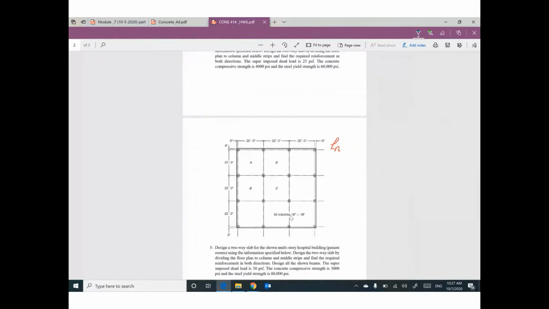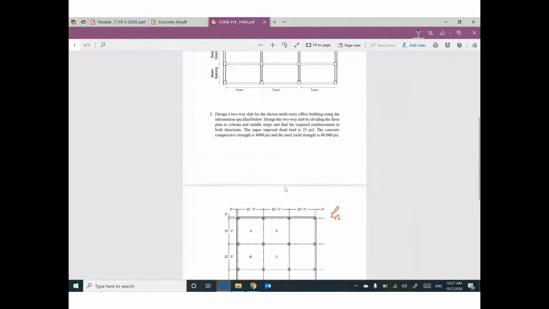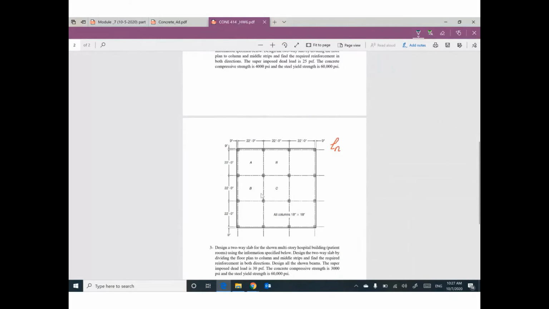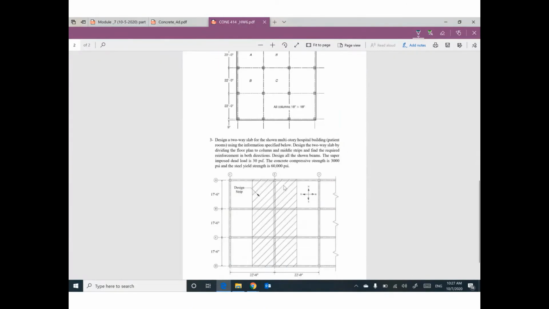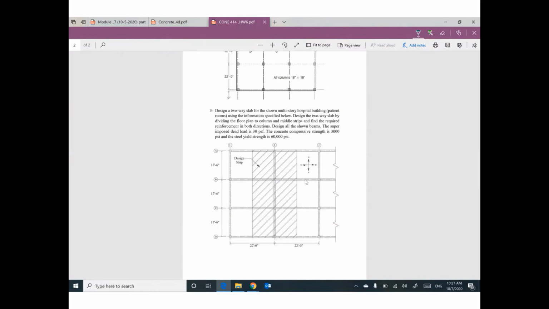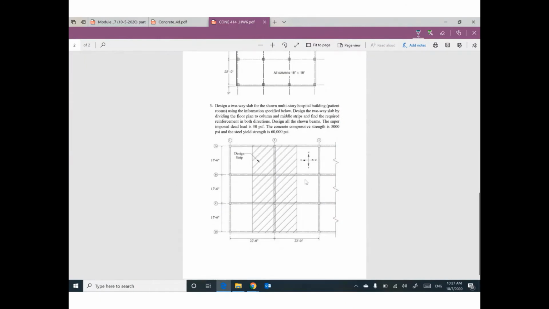For your homework, we have two problems. Problem number 1, can you watch? Do you have any interior beams? No. Second problem, do you have any interior beams? Yes. By the way, interior beams, or beams in concrete, can be defined by these two lines. We have a column here and another column here.